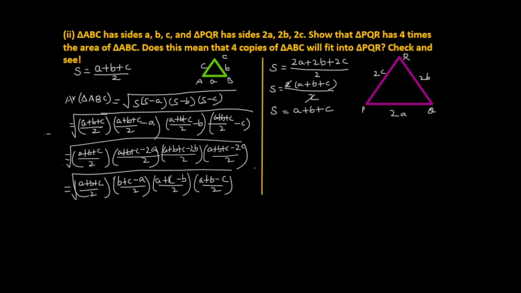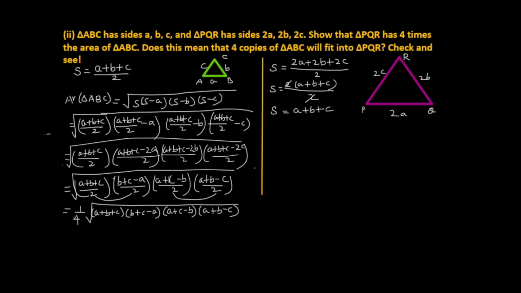Now we are having 4 2's. So for these two we can take 1 2 outside. For these two we can take 1 2 outside. So 1/4 of A plus B plus C into B plus C minus A into A plus C minus B into A plus B minus C under the square root.